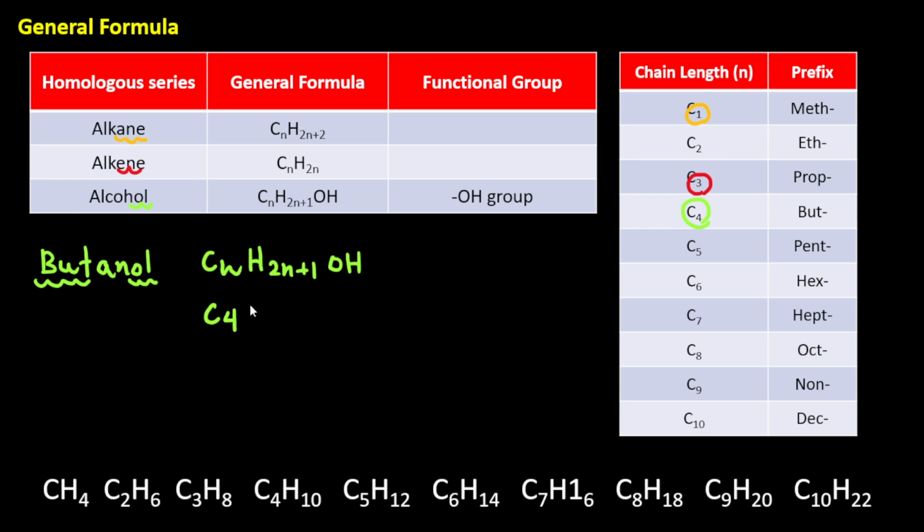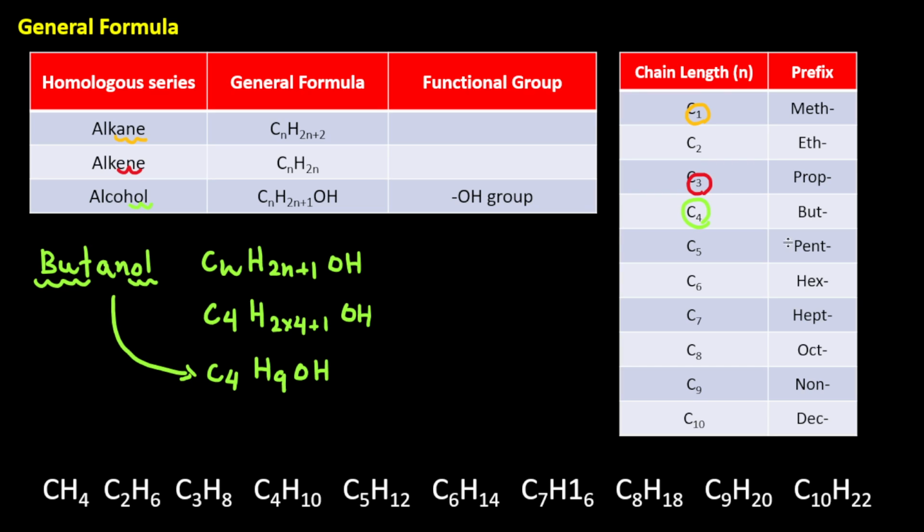So this will be C4H 2 into 4 plus 1 OH. This will be C4H9OH, and the name would be butanol.